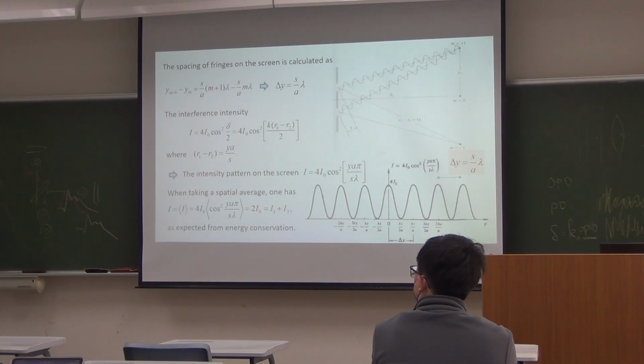I've got some here, I have some here, then when I overlap them, they generate constructive interference. When I move a little bit, they generate a little bit. When I move even further, they generate less.